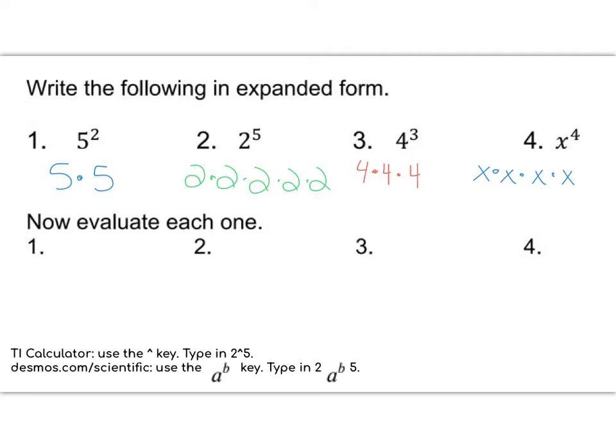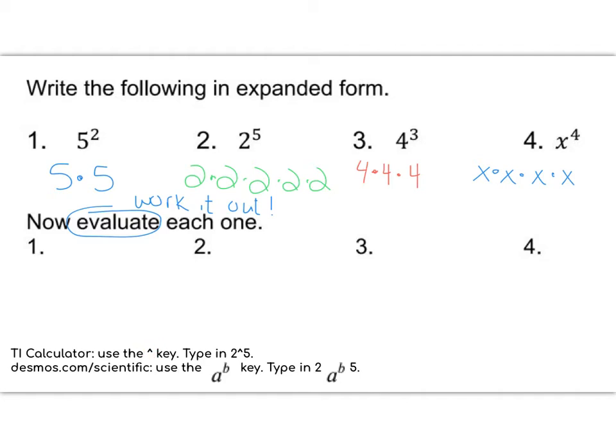Now, evaluating, this is a word that confuses some people. Evaluating means to work it out, do what it says. So you can do a couple of things. You can multiply in your head over and over, or you can use your calculator. If you have your TI calculator at home, you're going to use that power key. That is above the x squared key, to the upper left of the 7.